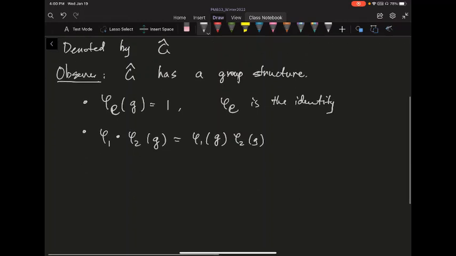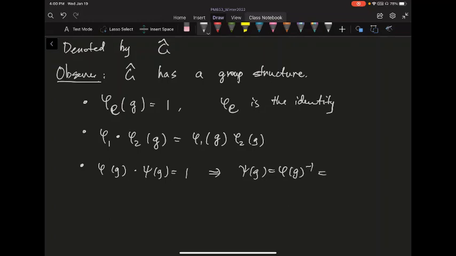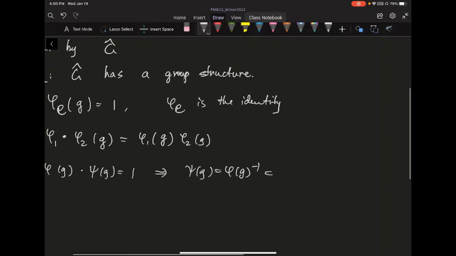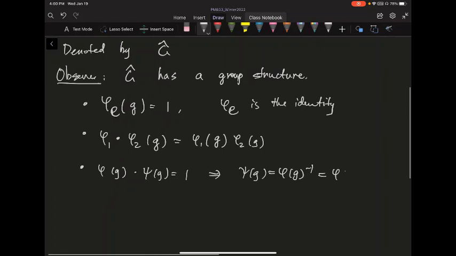Finally, the inverse is given by basically the conjugate. If phi of g times psi of g is always equal to 1, then psi of g is essentially just phi of g inverse. But phi being a homomorphism, that equals phi of g inverse.